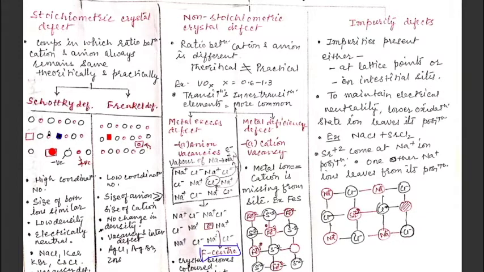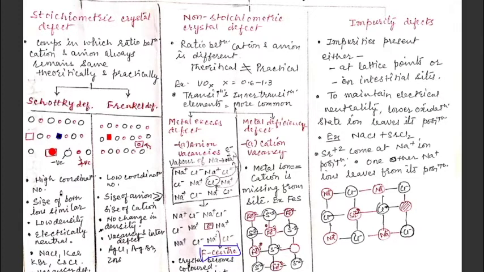Schottky defect is that defect in which some of the anions or cations are missing from their positions. If an anion is missing from its position, then a cation is also missing from its position, and in this way the compound remains electrically neutral, and the ratio between cation and anion also remains the same.